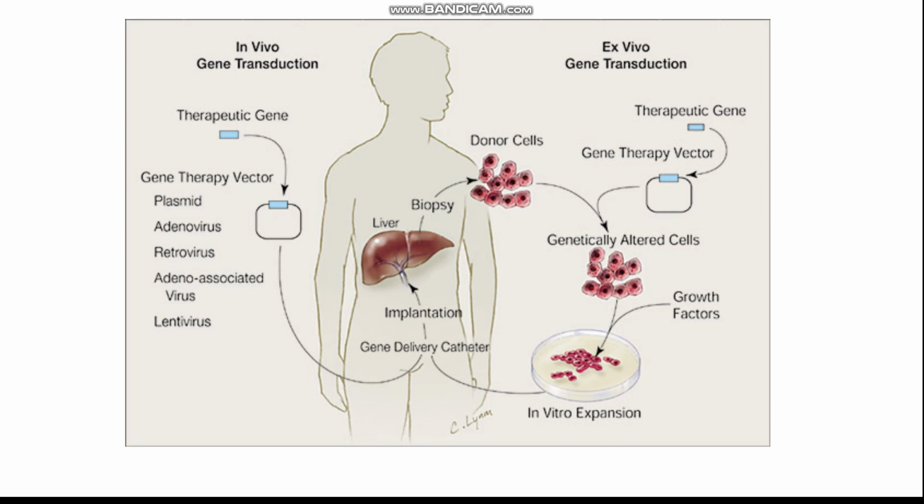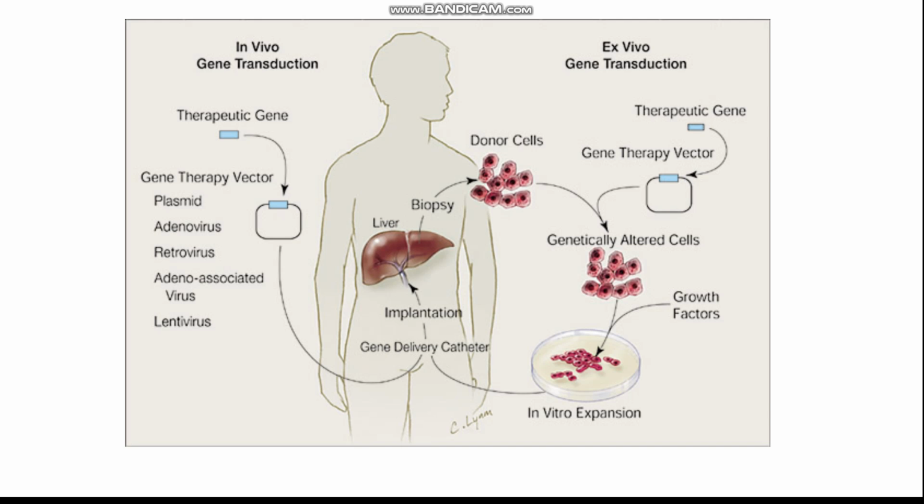Now, about gene therapy, we must first understand that we can talk about in vivo and ex vivo gene therapy. In vivo meaning in the body, and ex vivo meaning out of the body. So somatic cell therapy is alteration of genes in human somatic cells to treat a specific disorder.